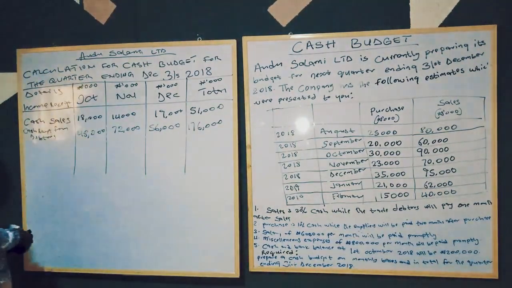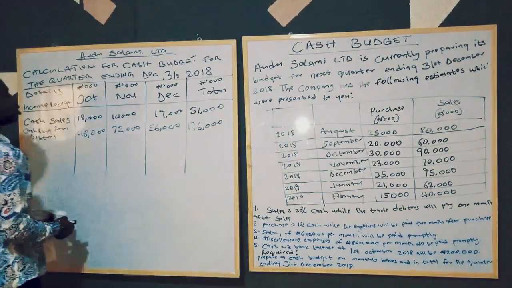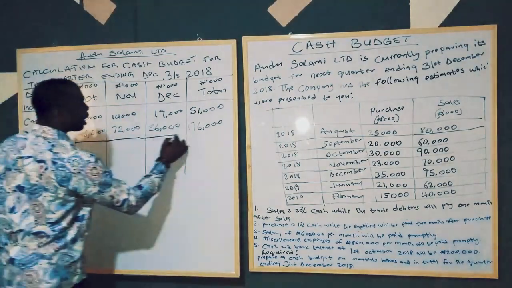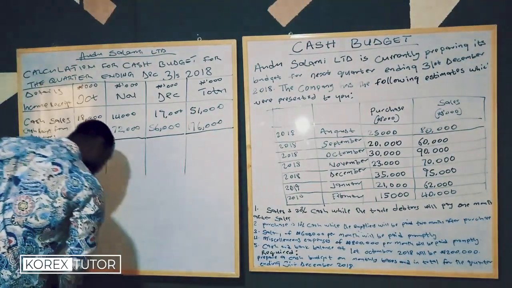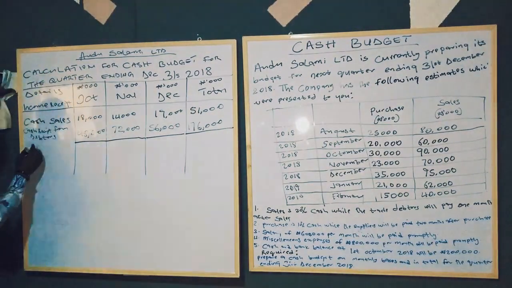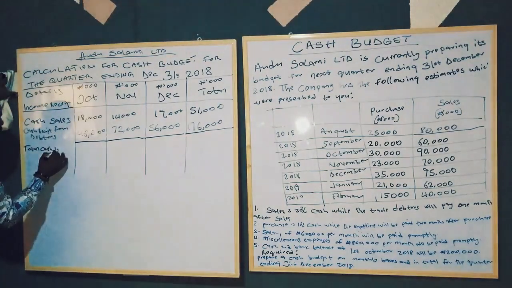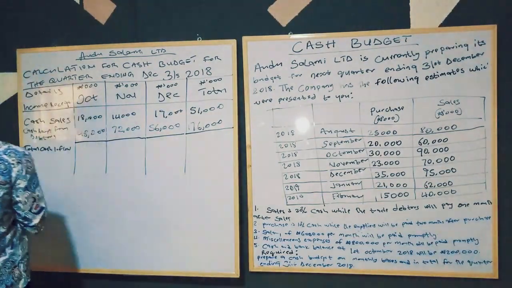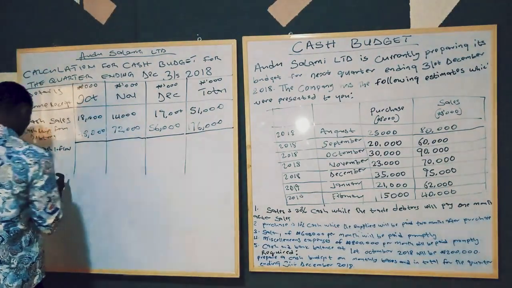Since there is no other information from which we can generate money, from here we can get our total cash inflow. That is all the money that enters the account for these 3 months.